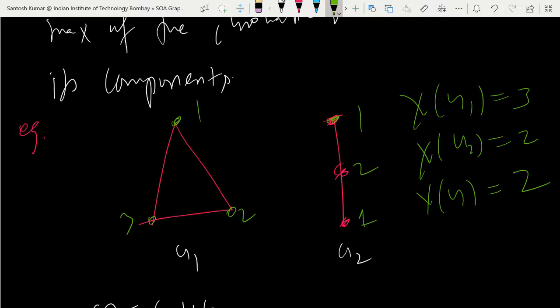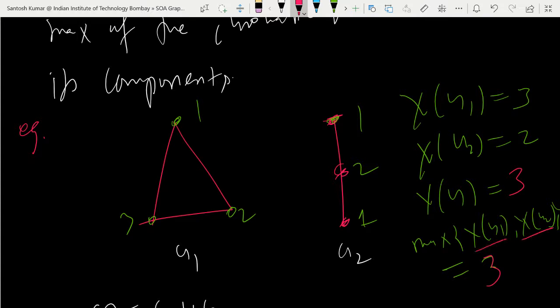That is actually nothing but the maximum of the chromatic number of G1 and the chromatic number of G2, the maximum of both. Sorry, here I think I wrote 2, this is 3. So the minimum number of colors required to color the vertices is 3, and the maximum of both is 3.